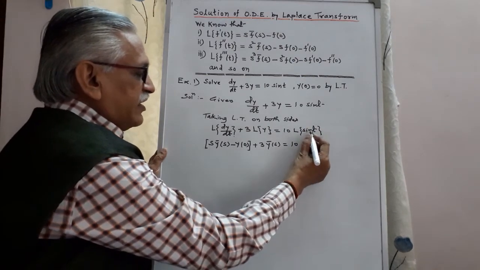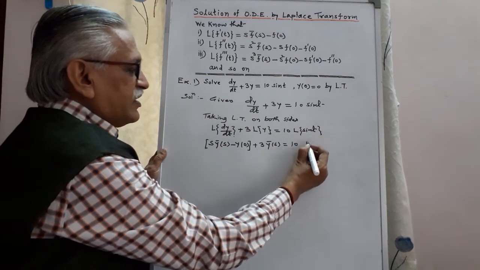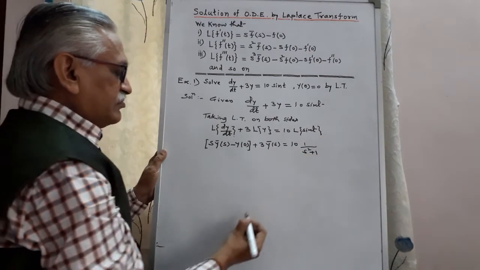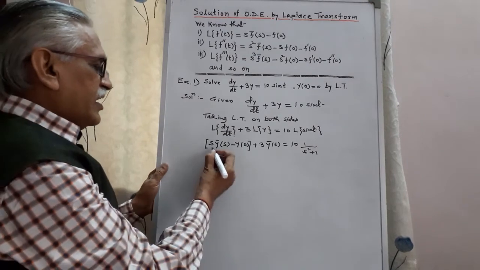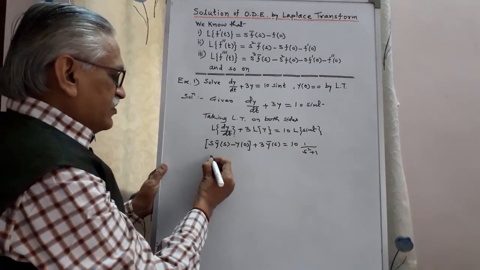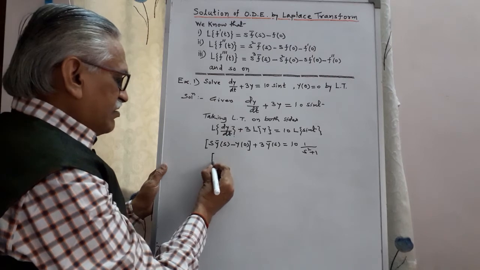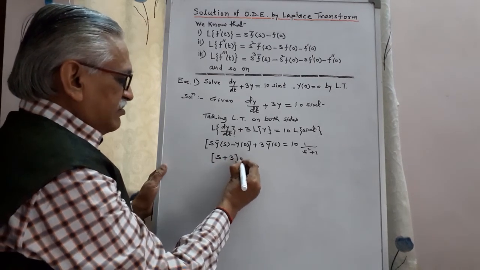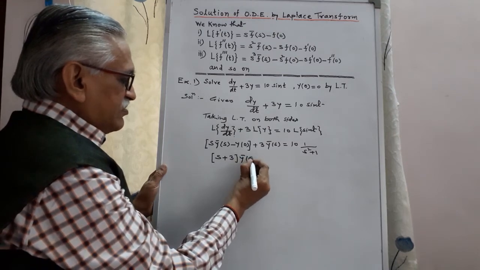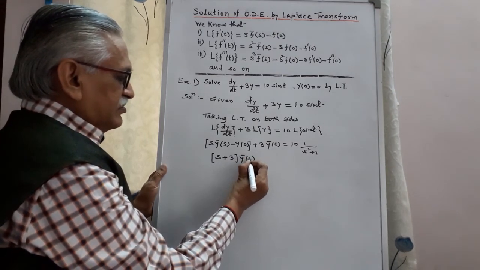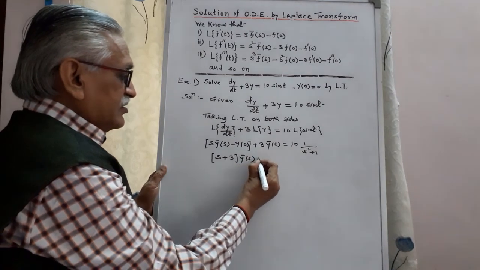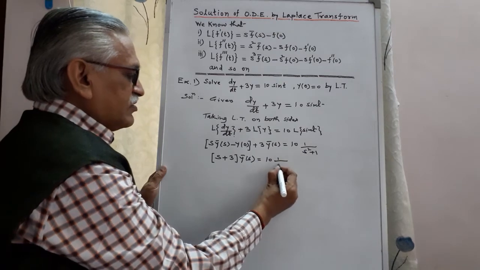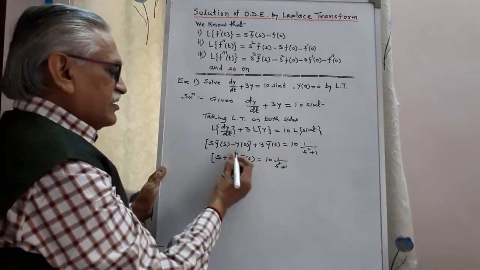Standard result, a is 1 here, 1 upon s square plus 1. Then collecting the terms of y bar of s, we get s plus 3 into y bar of s is equal to 10 times 1 upon s square plus 1 plus y of 0.